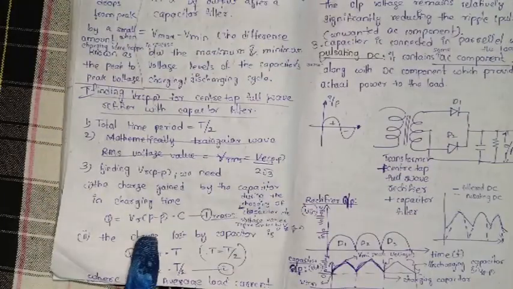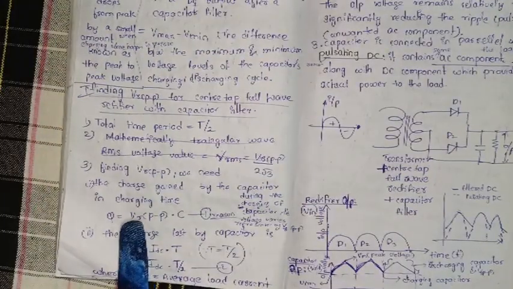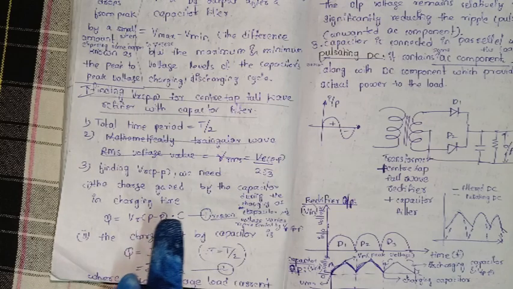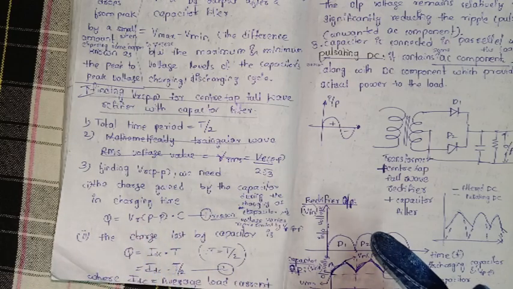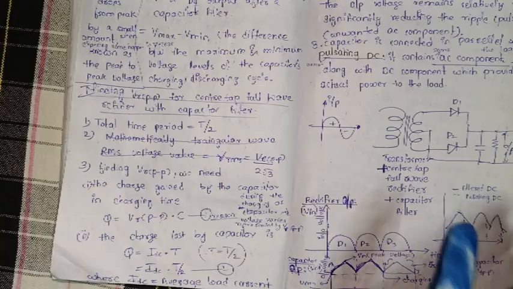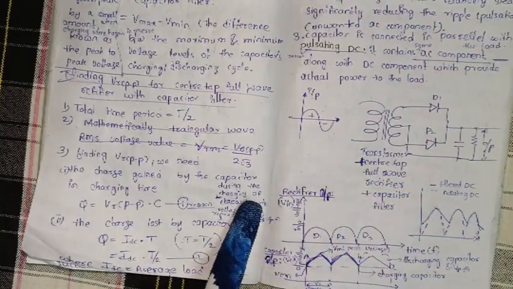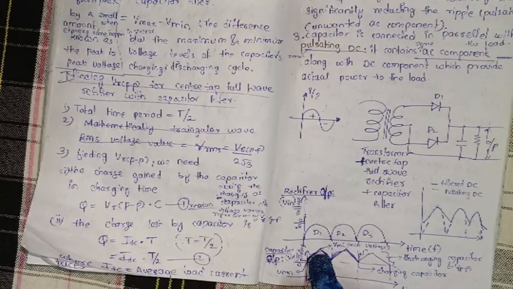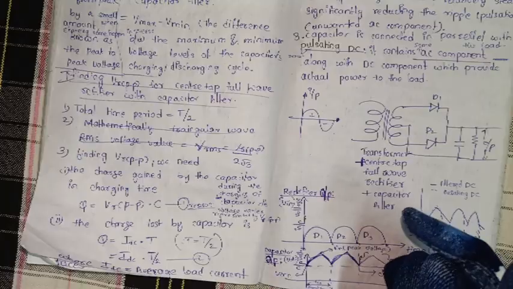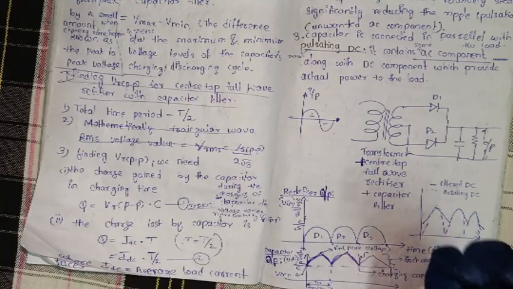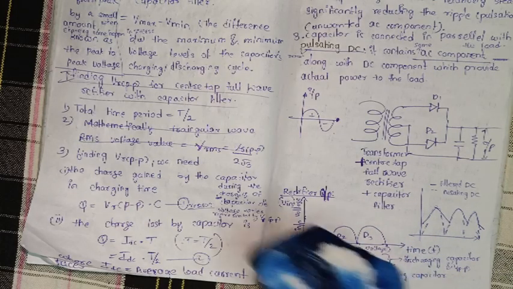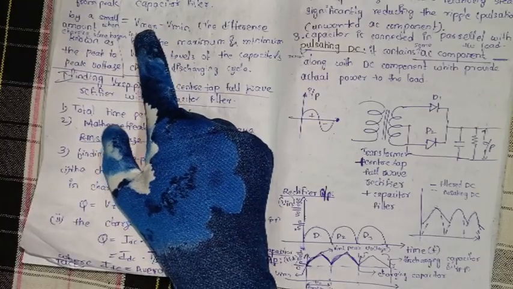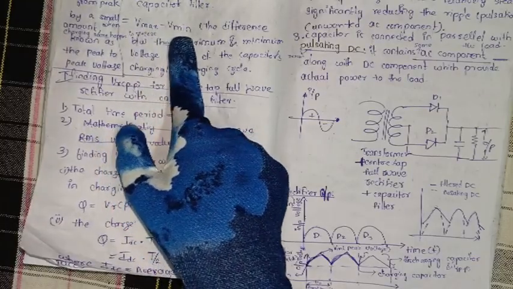In place of V, we have taken ripple voltage peak to peak. Why? Because during the charging of the capacitor, the voltage varies, represented by ripple voltage peak to peak, because it is the difference between V max and V minimum.